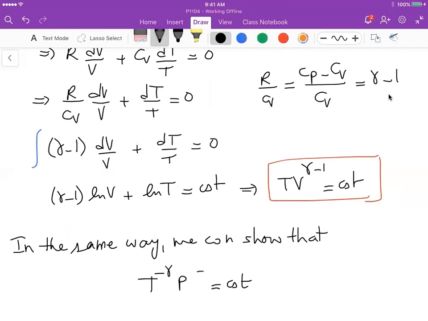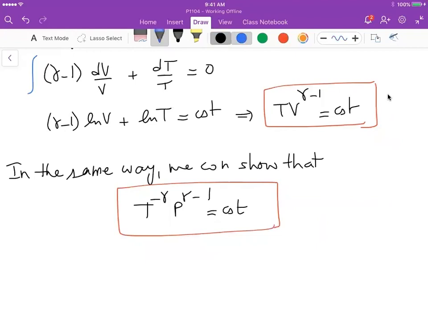And so this is the third equation, which describes how the temperature and the pressure vary with respect to each other in the case of an adiabatic process.